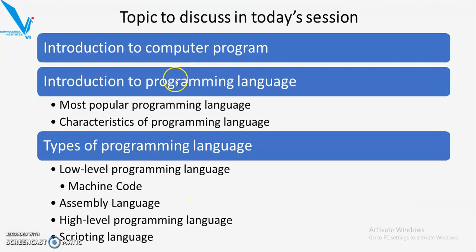Topic to discuss in today's session is Introduction to Computer Program, Introduction to Programming Language, and Types of Programming Language. In this, we will see the various category of programming language, that is low level programming language, assembly level programming language, high level programming language, and scripting language.